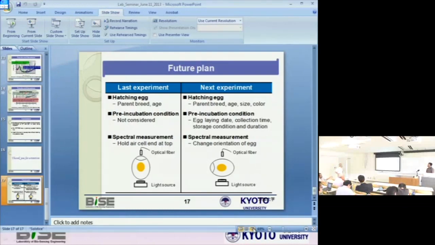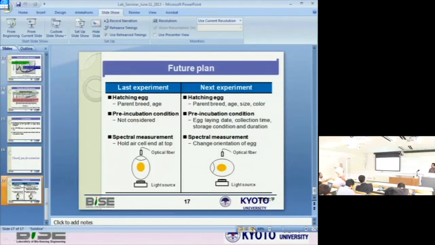For example, in fruit measurement it is already established. They don't keep a fixed distance, but they have to make sure that your optical fiber is attached to the samples in the fruit measuring system.